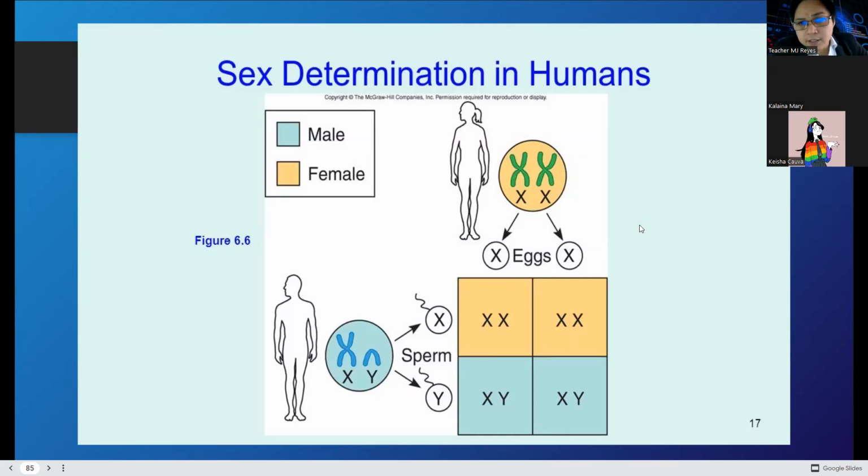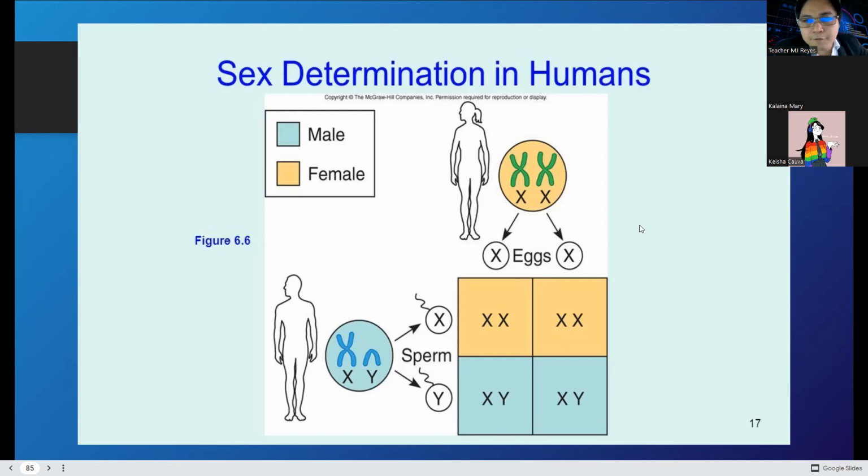So again, eggs only carry X, while male sperm carry X or Y. So if it pairs with the egg, it will create a male XY or a female.